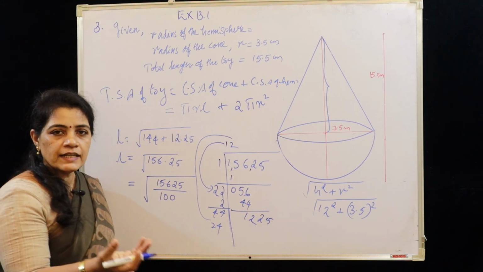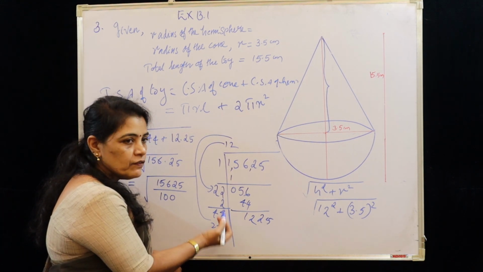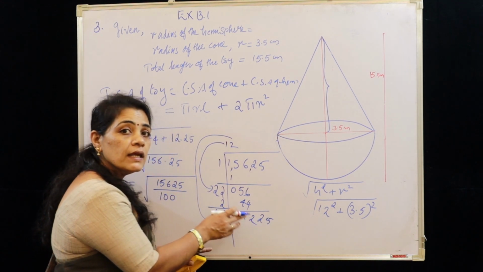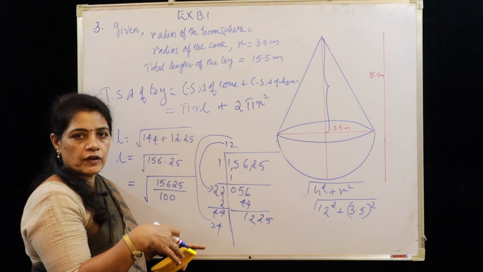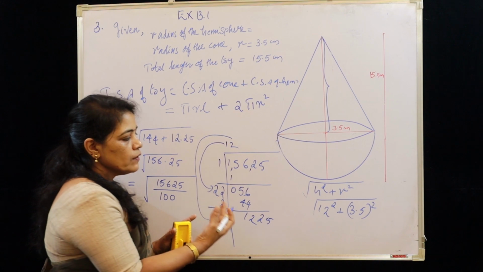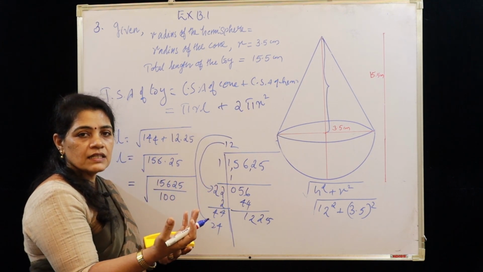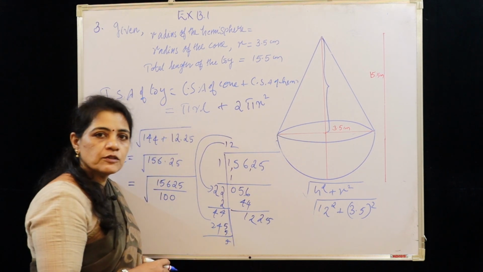Now we have to write a number next to 24 and multiply with the same number to get a number equal to 1225 or less than 1225. Since we are expecting a square number ending with 5, I am just taking 5, so that if you multiply with 5 you will get 5 in the unit place.